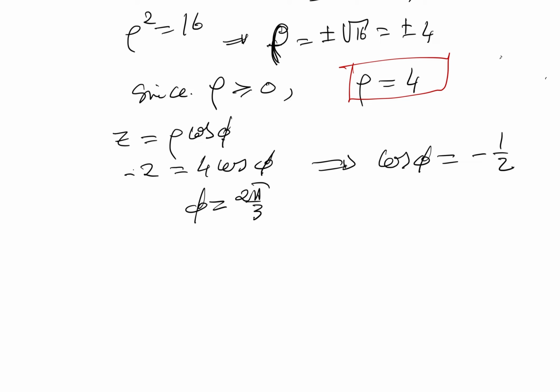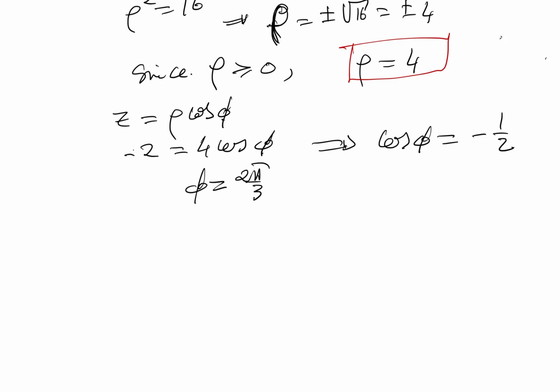That's the phi. You can also use k. I just use a specific k, when k is equal to 0. You can write it as plus 2k pi, and here k is equal to 0. So you have phi equal to 2 pi over 3.